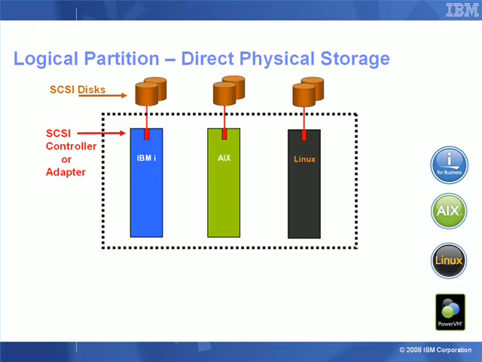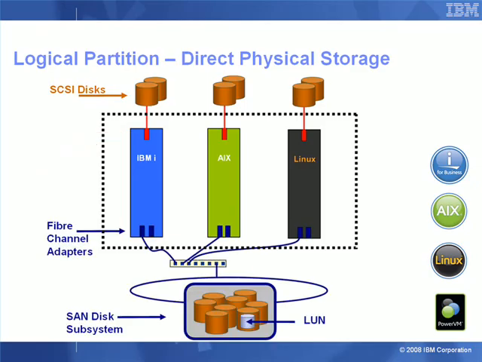Well, we all understand SCSI disks, they've been around for years. In more recent years though, we've had fiber channel. These are fiber channel adapters inside the machine. We can allocate those to a particular logical partition. Then we can cable those up to a SAN, a storage area network, and eventually we'll connect them to a storage area network disk subsystem, in which there's a whole group of disks and we manage them as a set of disks.